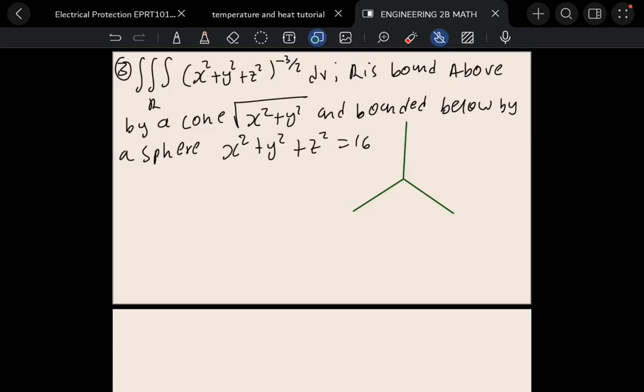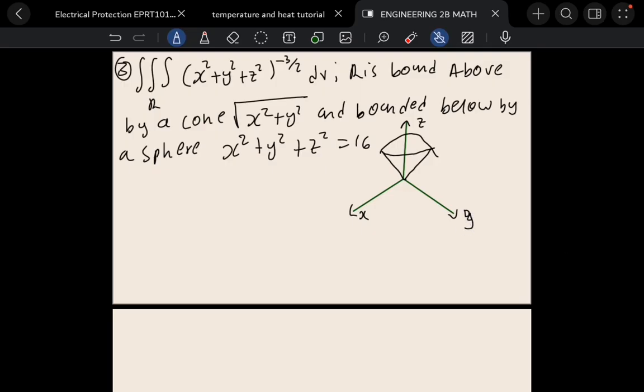Drawing that region, I'm going to have a cone bounding it above, and I am also going to get a sphere bounding it below. So I'm going to have something like that: z, x, y here.